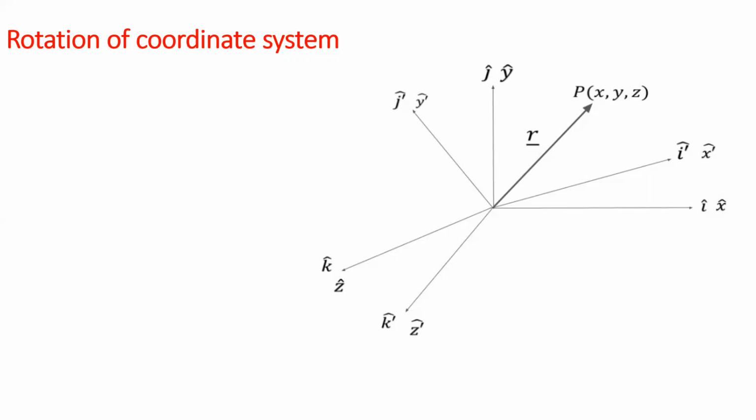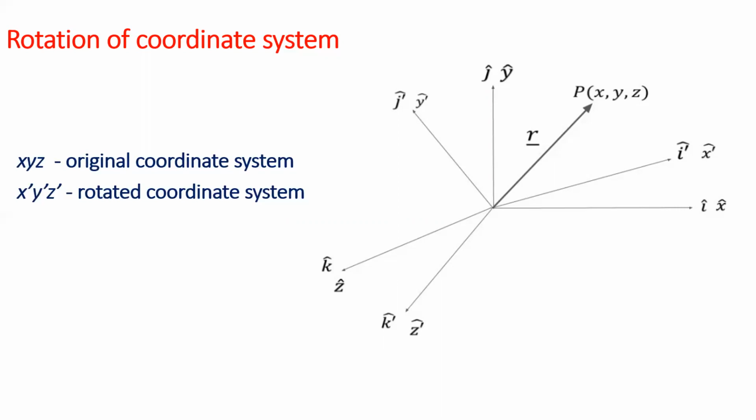What has been done here is the original coordinate system has been rotated by particular angles with respect to x, y, and z. It doesn't matter which order you rotate; it has been rotated in a random fashion, keeping the origin at the same place. That is the key. If you have moved the origin, then you might as well account for that as well. But for now, let us start with the rotation aspect. So x, y, z represents the original coordinate system, and x prime, y prime, z prime have the corresponding unit vectors i hat prime, j hat prime, and k hat prime.